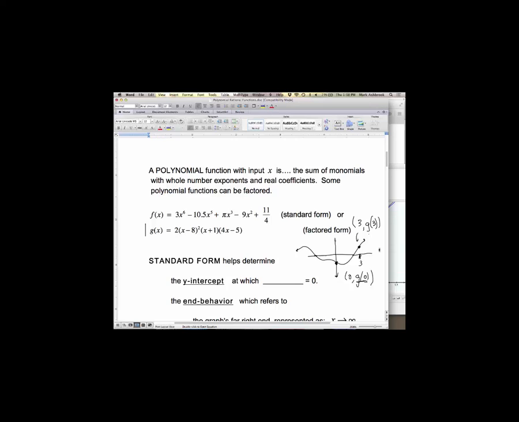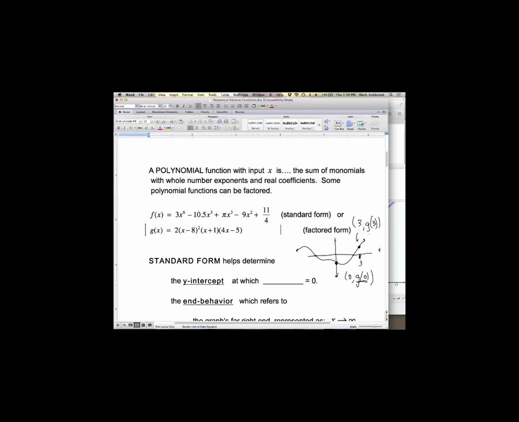That's the corresponding output when the input is 3. If you couldn't answer that question, from now on till eternity, be able to answer that question. Function notation expresses output, and output is our y-coordinate for that input. Super important.